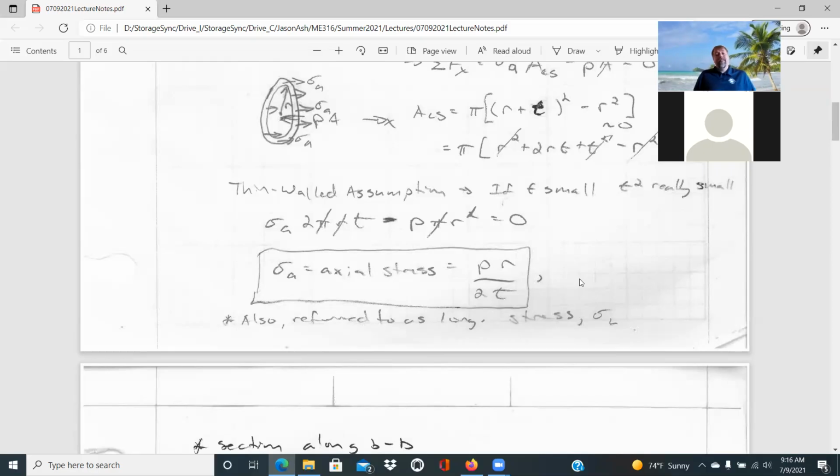And so we have now a nice algebraic relationship for one of those stress components, the axial stress. This one does have some additional names for it. It acts along the length of the pressure vessel, so it's also referred to as the longitudinal stress.